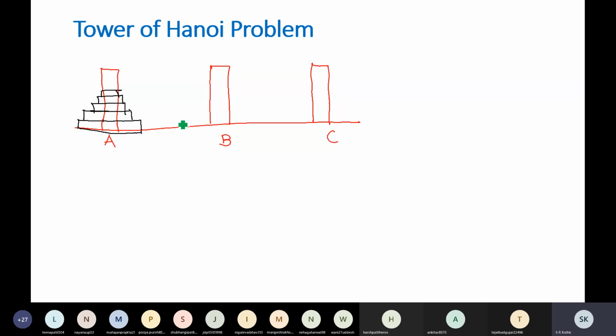What is your goal? The goal is to transfer all these disks from pole A to pole C. Only one disk at a time can you transfer. You cannot pull all those disks at a time and put them inside C. One disk at a time only can be removed, and at any time only a larger disk will be below the smaller disk, or a larger disk can never sit on the smaller disk.